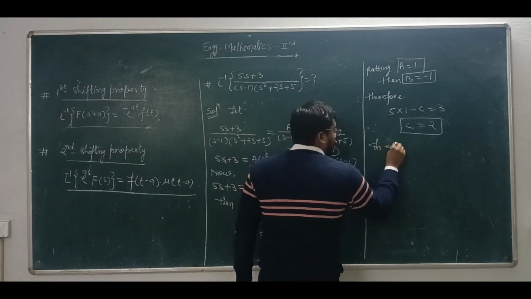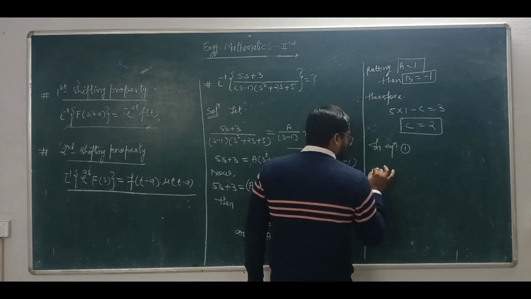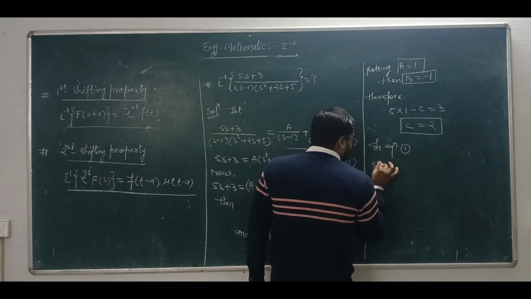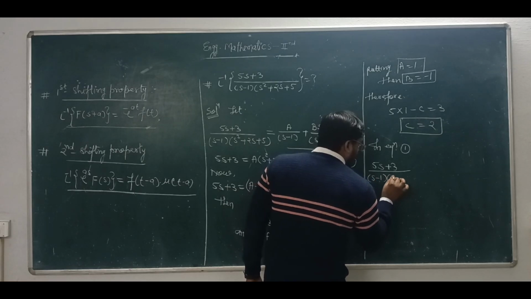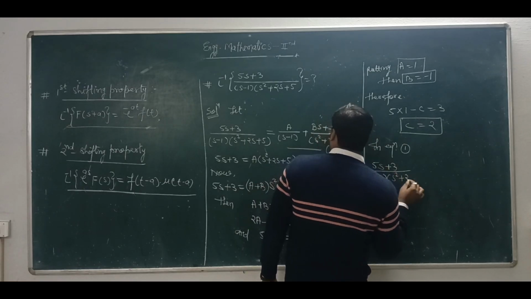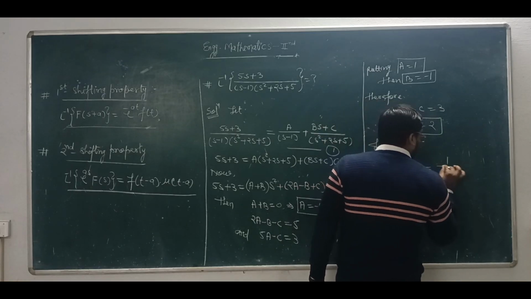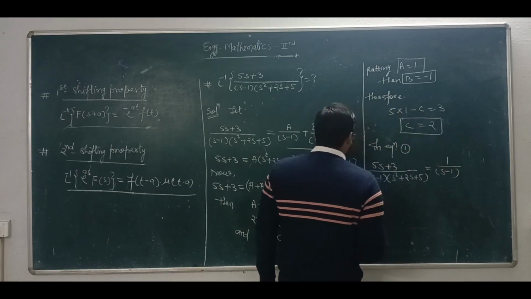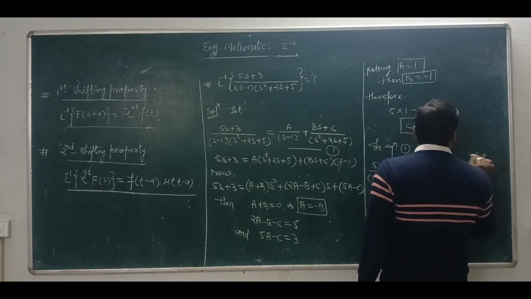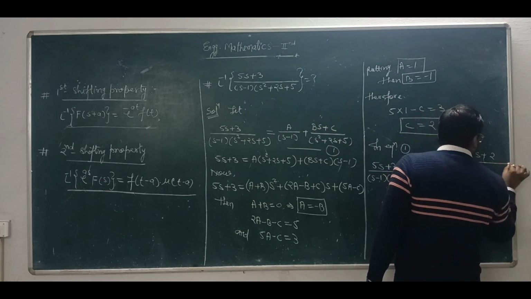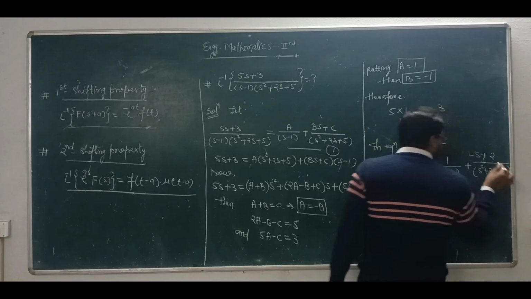In equation first, put the value of A, B and C. Now (5s plus 3) upon (s minus 1)(s square plus 2s plus 5) is equal to 1 upon (s minus 1) plus (minus s plus 2) upon (s square plus 2s plus 5).